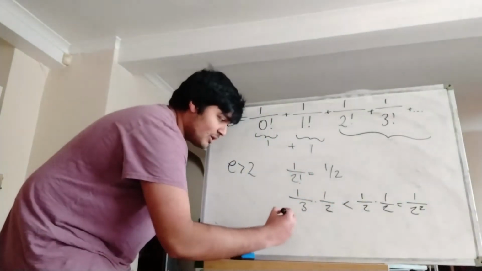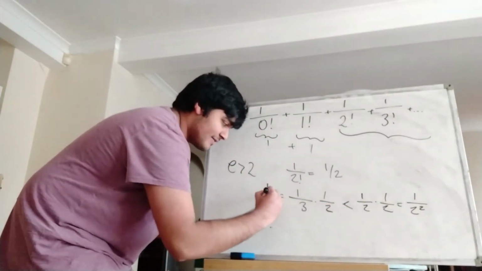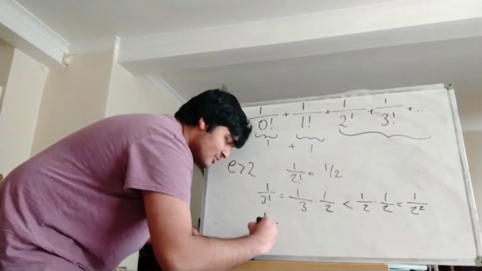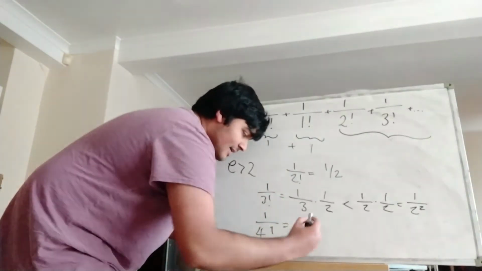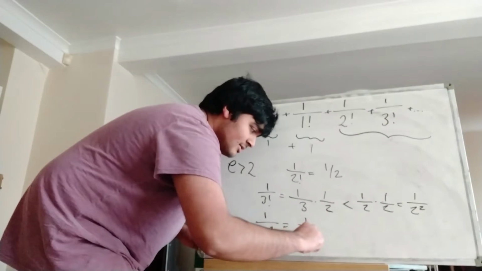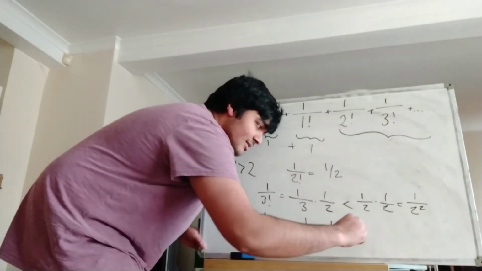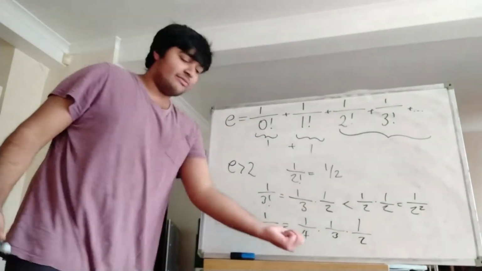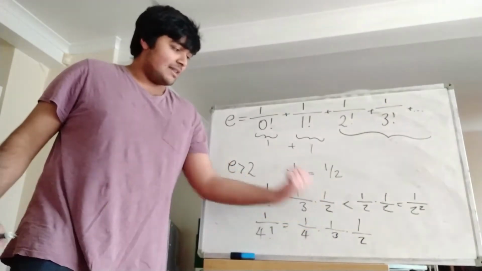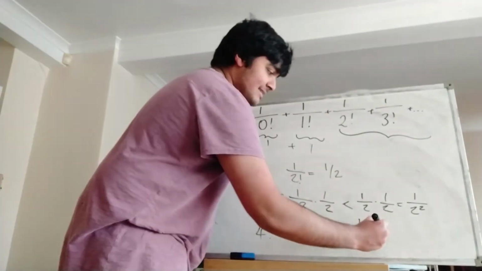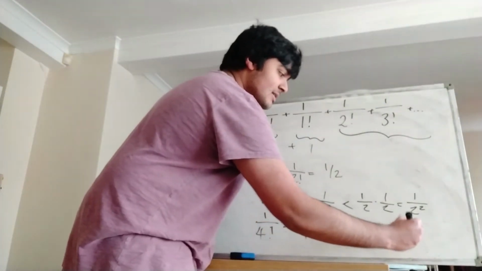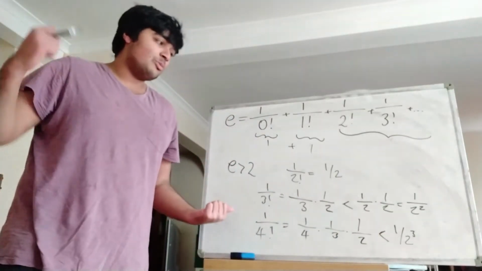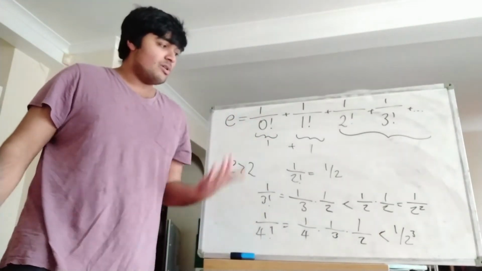Now with 1 over 4 factorial, we can do a similar thing. This is equal to 1 over 4 times 1 over 3 times a half. But 1 over 4 is certainly less than a half, and a third is less than a half. So this thing here is less than 1 over 2 cubed. And then 1 over 5 factorial will be less than 1 over 2 to the 4, and so on.